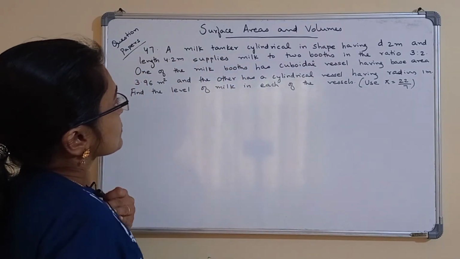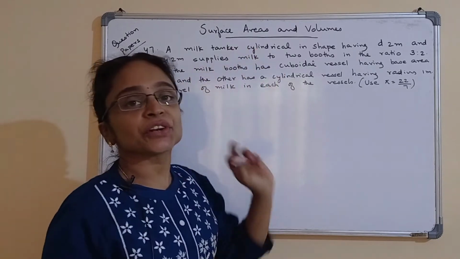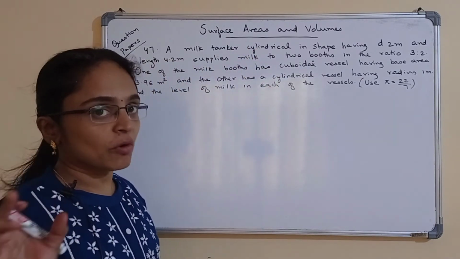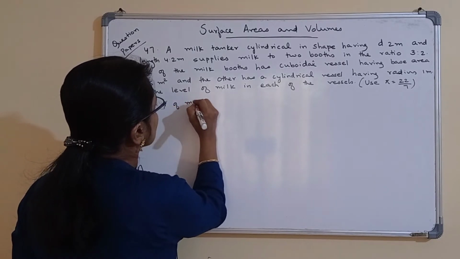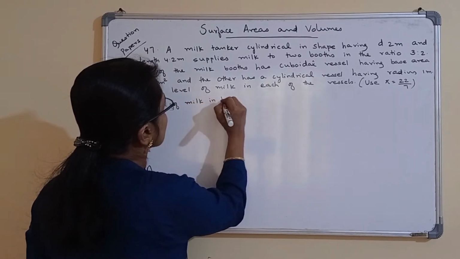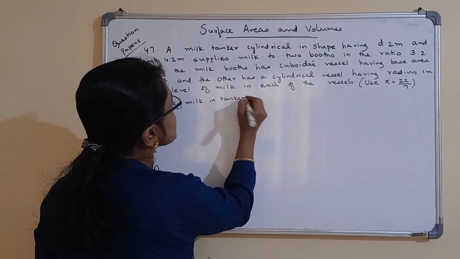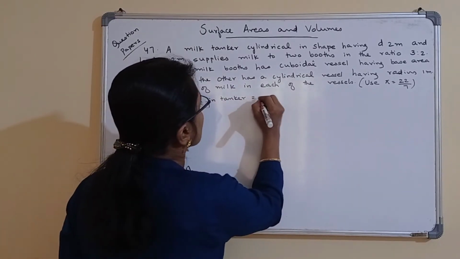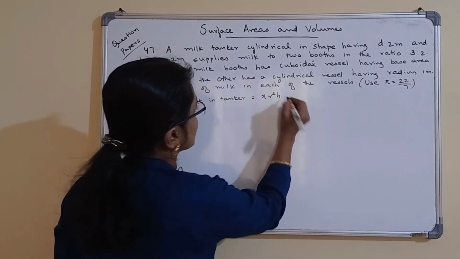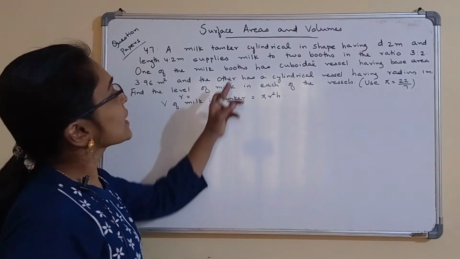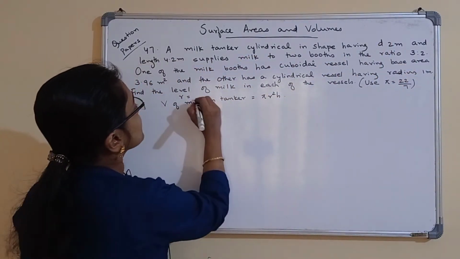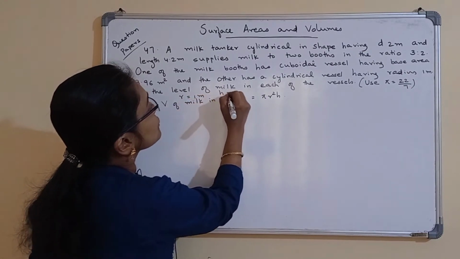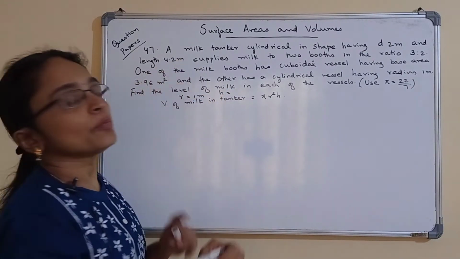So the tanker is cylindrical in shape. So we can find volume of milk in the tanker, right? Volume of milk in the tanker. Since it is cylindrical in shape, it is pi r square h, right? And radius of the tanker is 2/2, that is 1 meter. And height of the tanker is given as 4.2 meter.